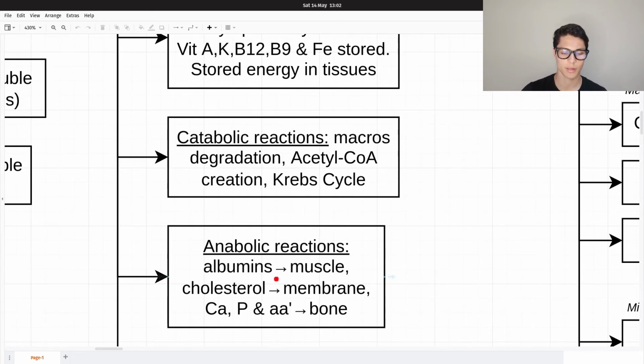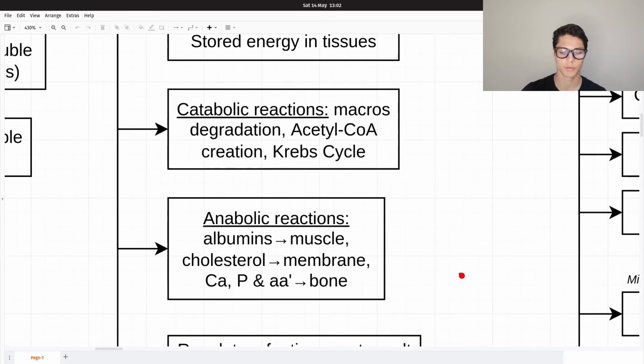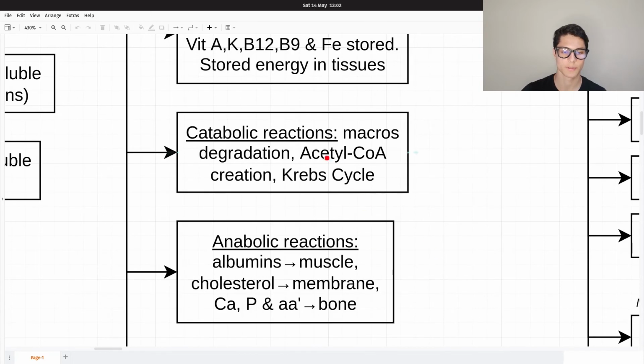And then the anabolic is the reverse. We have those pieces of Lego and we create a bigger structure. That's catabolic degradation and anabolic creation. Very, very easy.